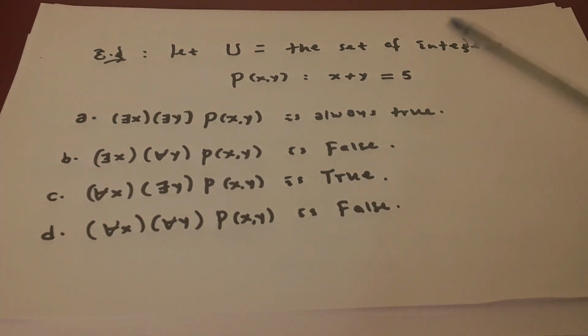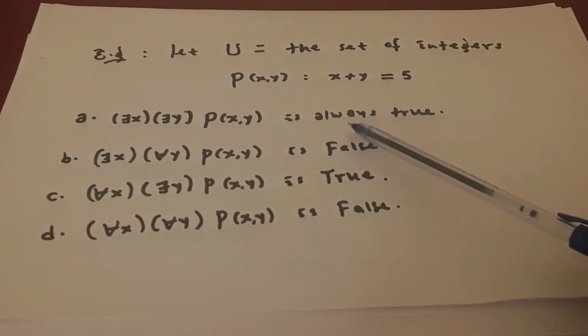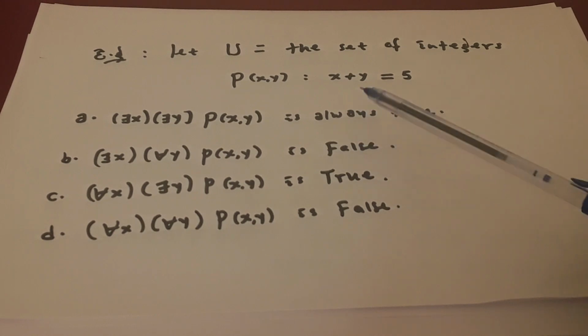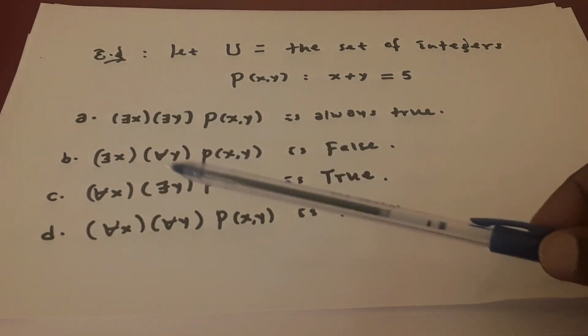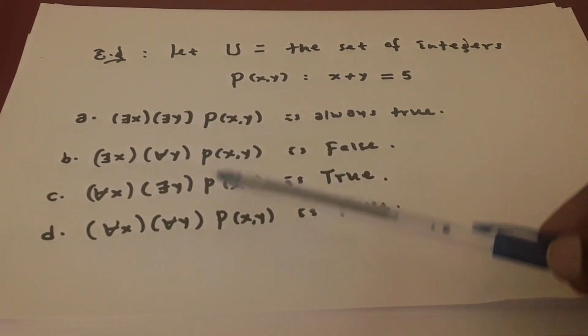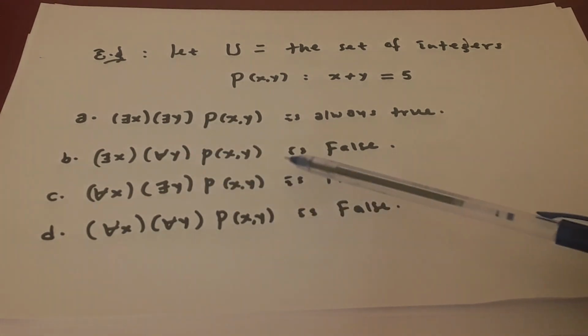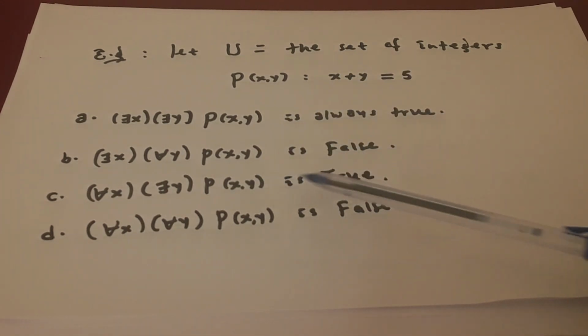Let's say if x equals 1, then 1 plus y equals 5 is false for some y, because if y is 7, 1 plus 7 is 8, which is not 5. So this statement is false.